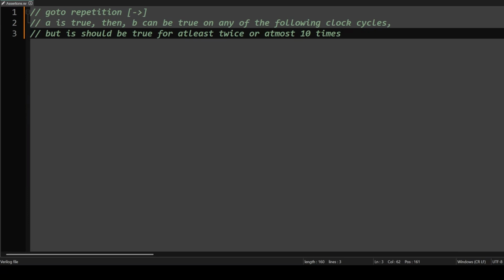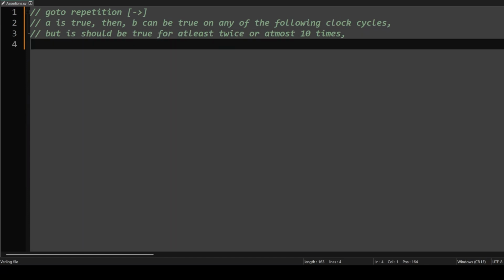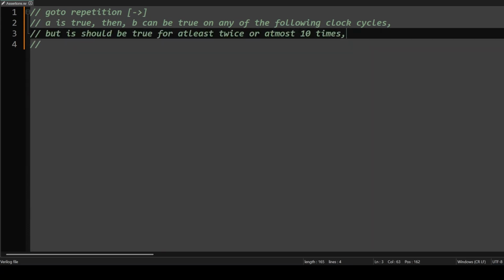And right after that, when this particular pattern is passed, B should be true at least 2 times or at most 10 times.